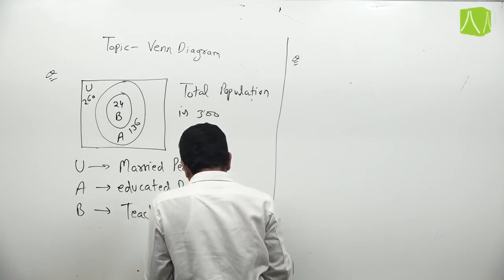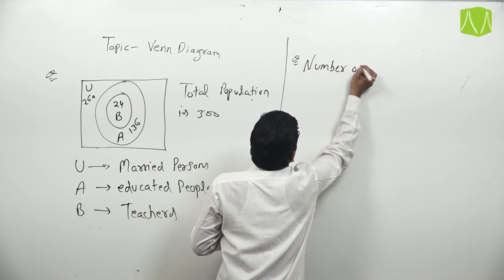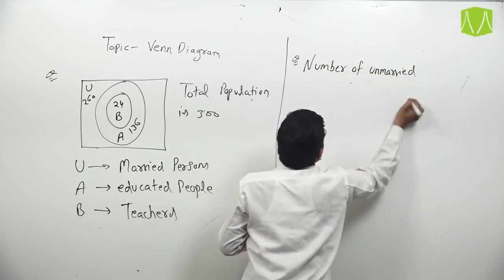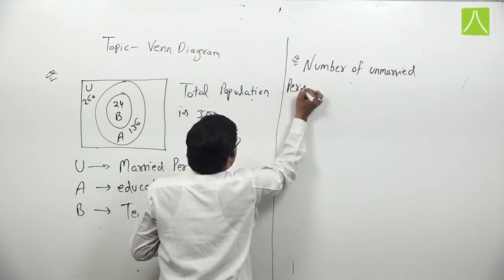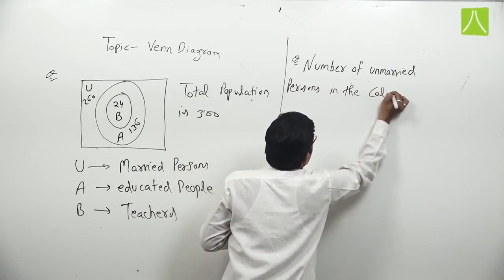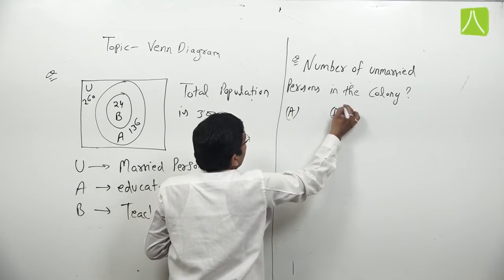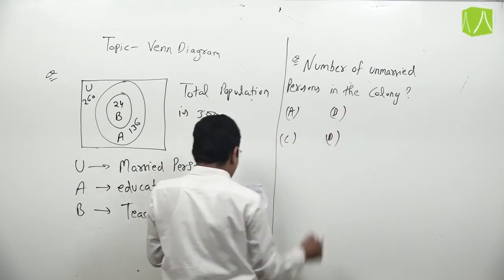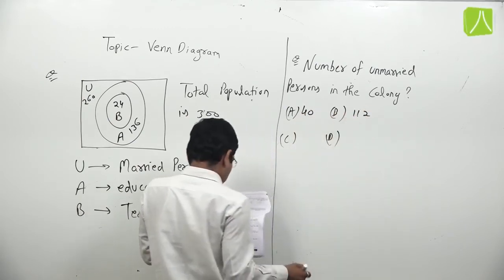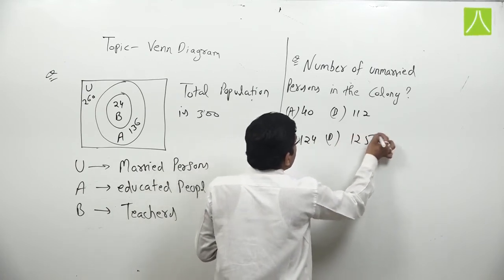First question is the number of unmarried persons in the colony. Our options are: first option is 40, second option is 112, third option is 124 and fourth option is 125.